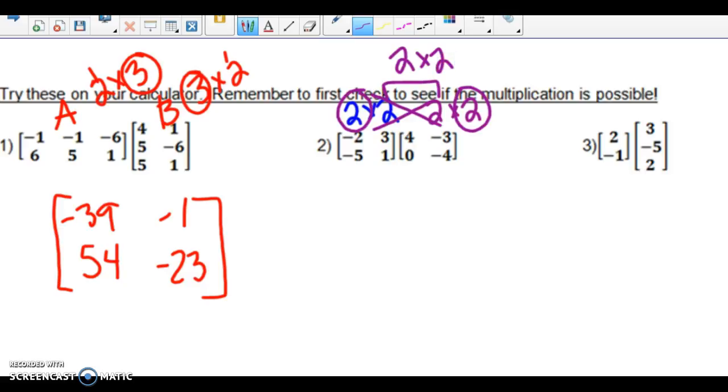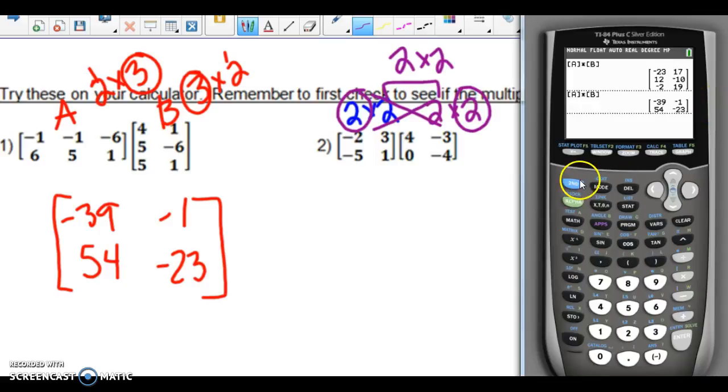Okay, so again, the first one's going to be A, second one's going to be B. So second matrix edit. This time it's going to be a 2 by 2. You get -2, 3, -5, +1.